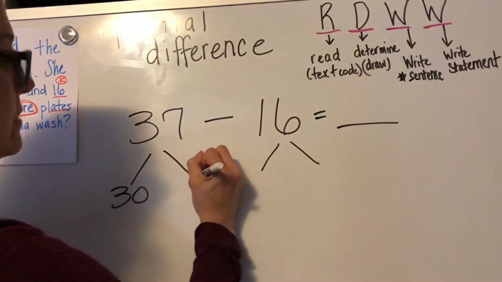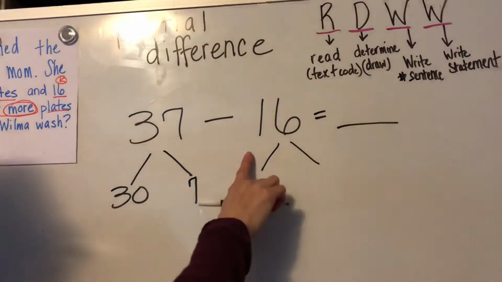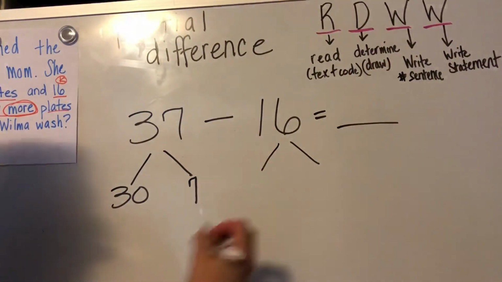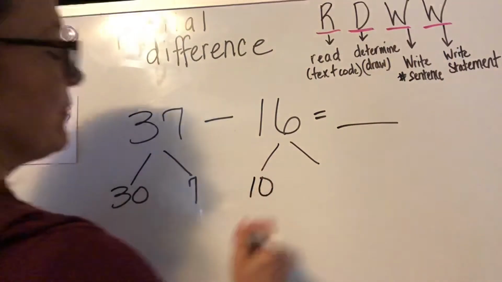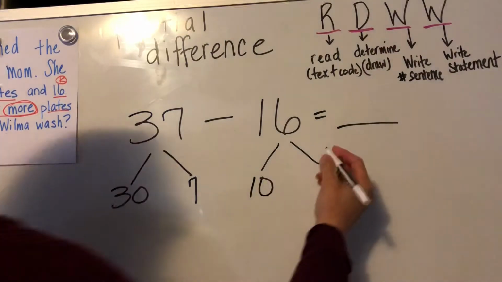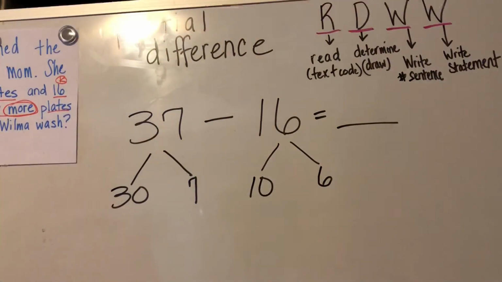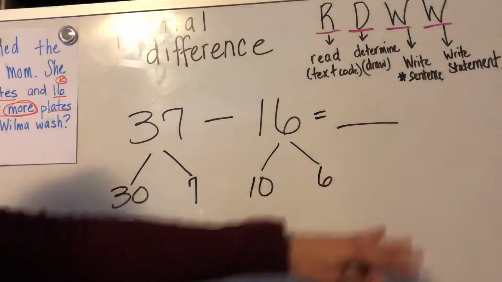In the number 16, we have 1 ten. Another way to say 1 ten is 10. And we have 6 ones.